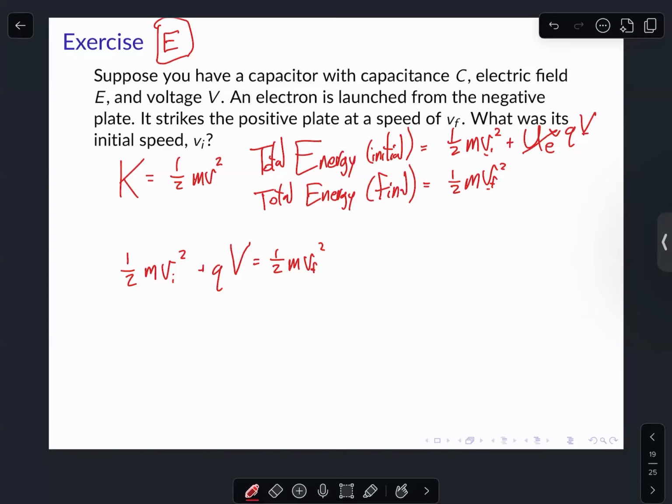I will remind you that what you do to one side, you must do to the entire other side of the equation. You must do the same thing to both sides of an equation.